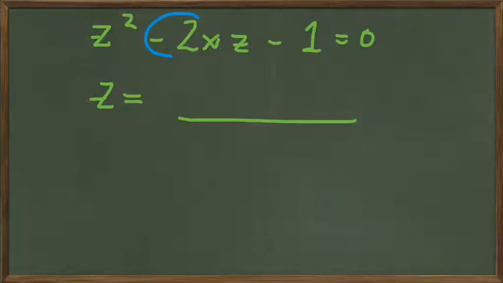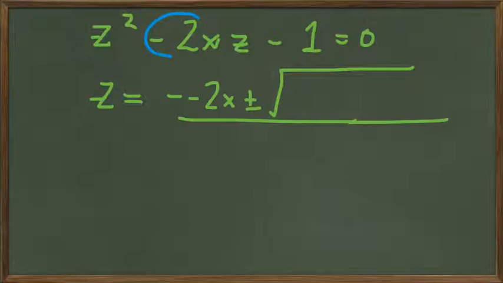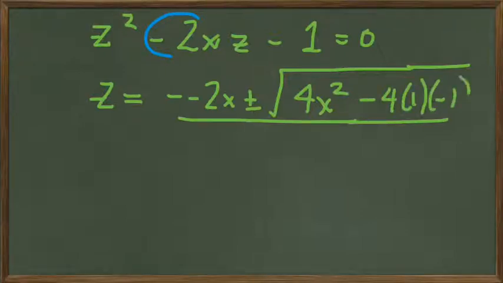And so it is negative b, so the negative of minus 2x, plus or minus the square root of b squared. So we're squaring minus 2x, which gives us 4x squared, minus 4ac, over 2a. And so if we clean this up, we get 2x plus or minus.